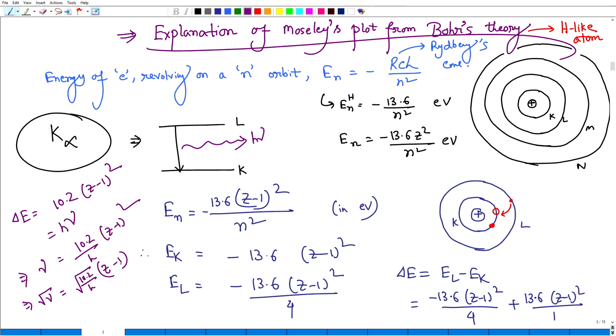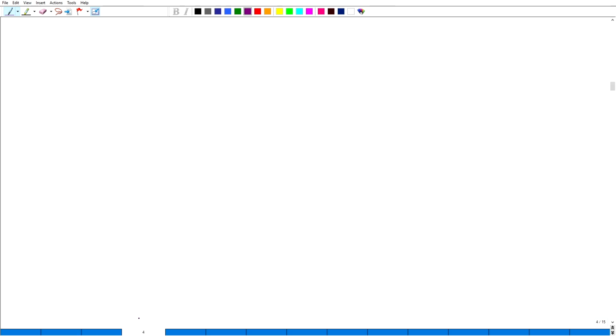So if you plot it, what will be the plot? This 10.2 by h, we can write as C, so root nu equals C Z minus C. So this is the equation.